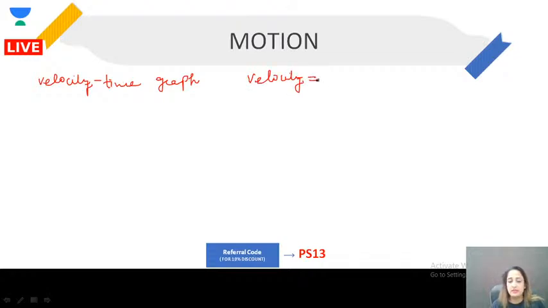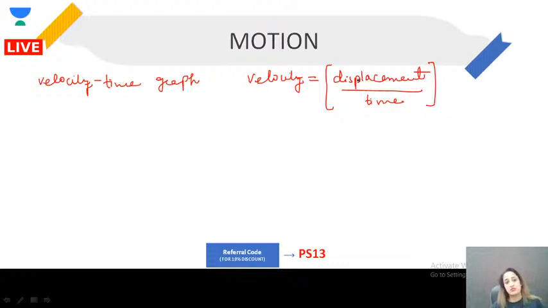Velocity is displacement covered in a given time, right? So in an easy language I would say distance covered in a given time, but if with that distance we also mention the direction of the distance covered, then we call it velocity, right?